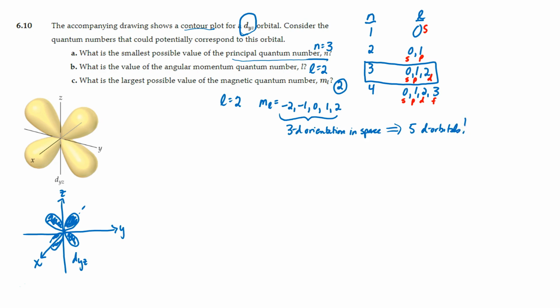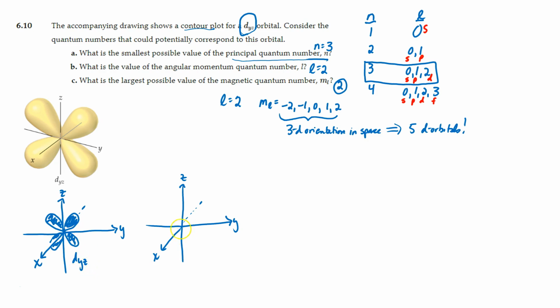And I wonder if we can sketch them. We've already got one d orbital here. Can we sketch the remaining 4? Let's try. So let me sketch my x, y, and z axes, and the orbital here we're showing is in the plane of the screen. It's in the dyz plane.